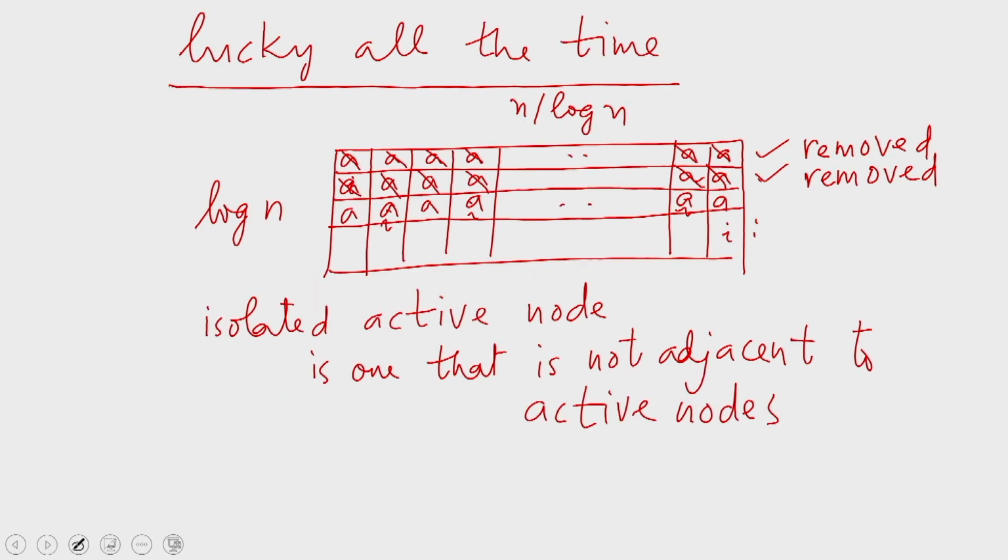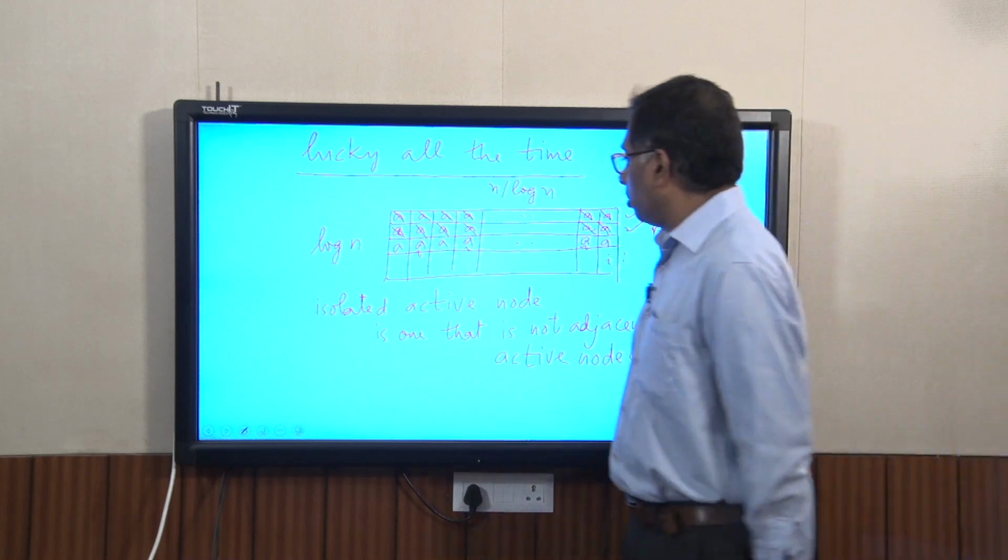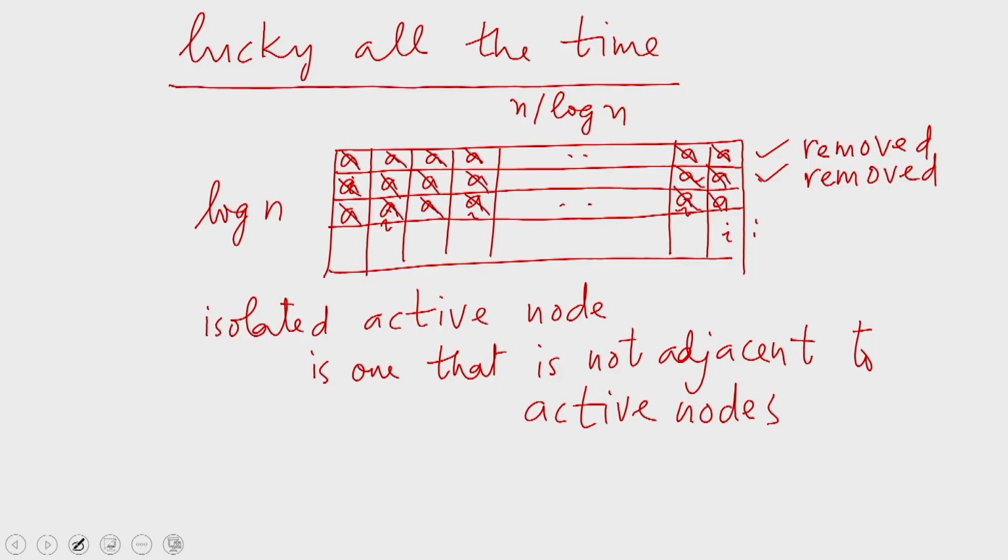So, as I was saying, if we are lucky log n times, then we will be sliding down all the way until we reach the bottom, at which point every vertex other than those in the last row has been removed.